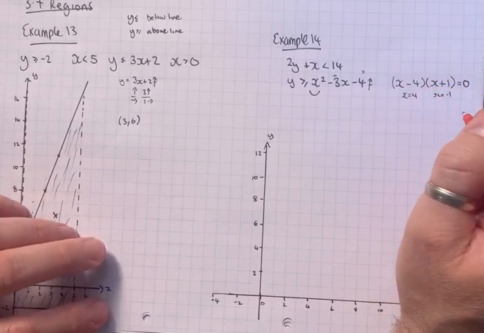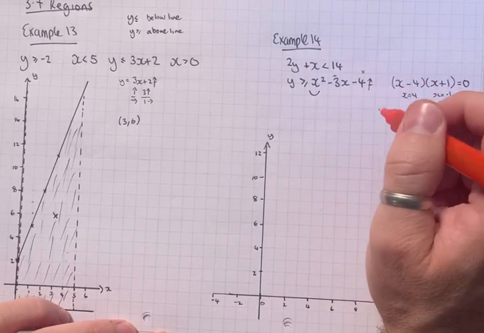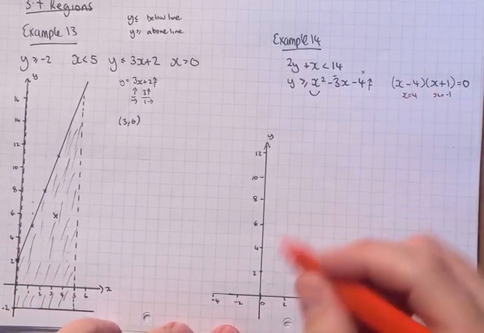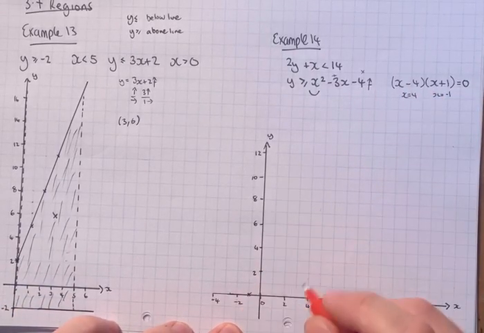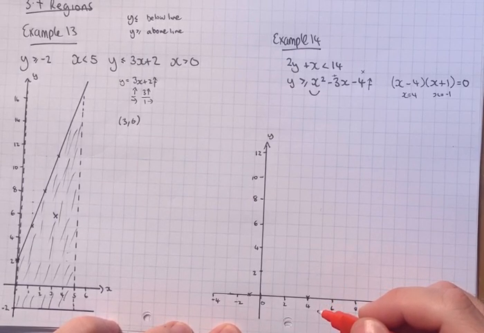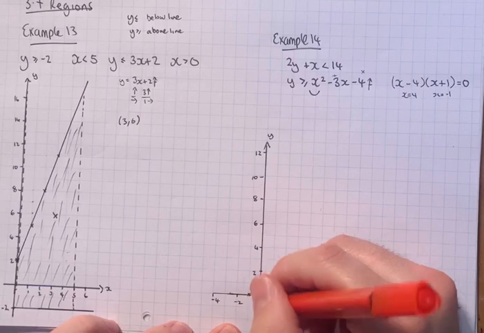So it's going to cross the x-axis at -1 and 4, and the y-axis at -4, and it's going to be a curve. A bit of a slight problem in the graph there.